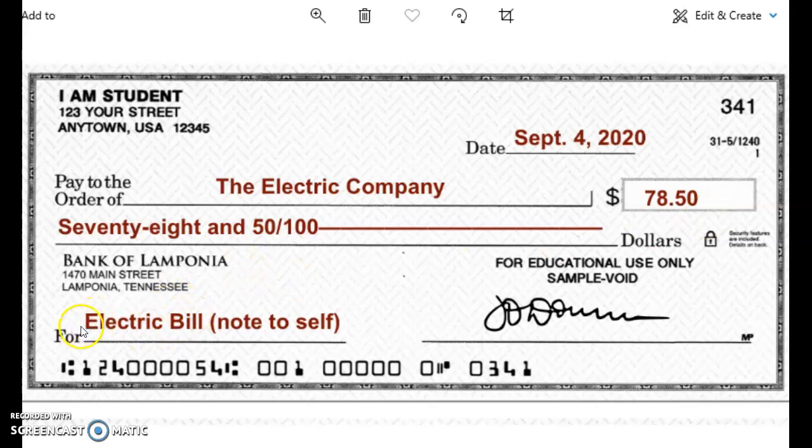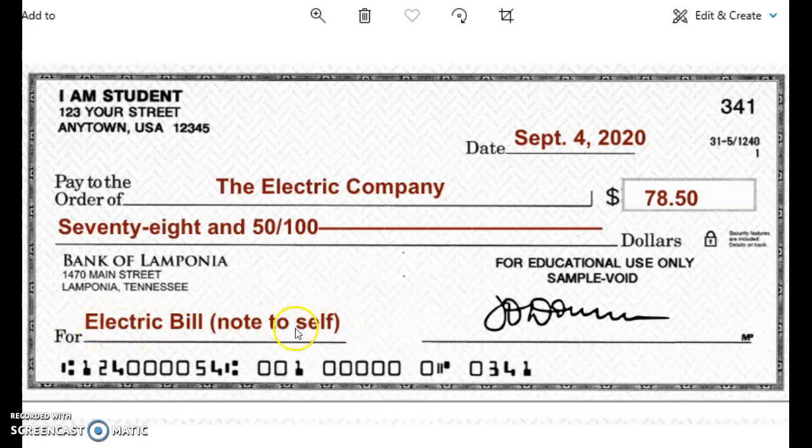Okay. And then down here, whatever you write in the memo section is something that only you will see. I mean, I suppose someone at the bank might see it, but it's not important. It doesn't change what happens with the money. But it's nice when you go back into your bank account and you see your canceled checks. This note to yourself helps you to keep track of your money. Okay. Sometimes also if you're paying a bill, like if you want to pay a bill to a college, for instance, you might write the student name here.